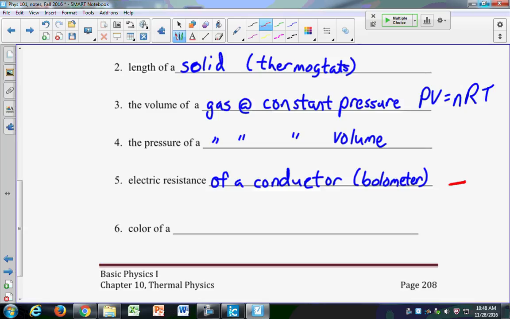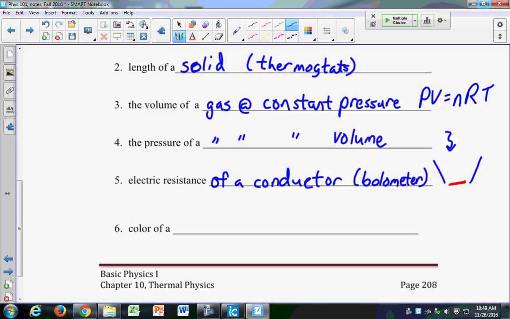Usually it has some sort of cone around it, and photons will come into that little piece of metal and cause it to heat up, and then it'll change its resistance. You can see this in other things too, like kitchen thermometers, where you have these 2 little wires and you stick it into a chicken or whatever, and the change in temperature causes a change in the resistance of the metal. We'll talk about that next semester some more.